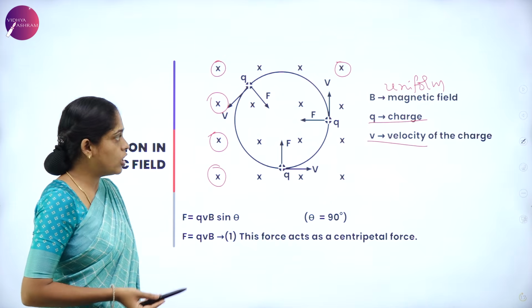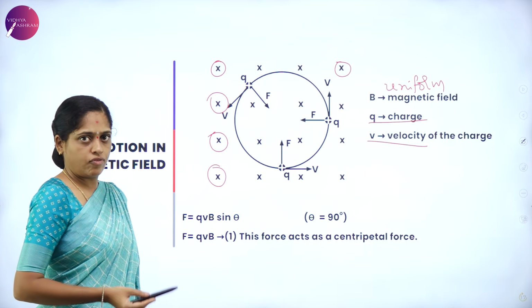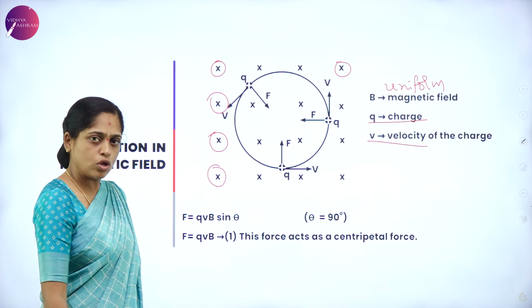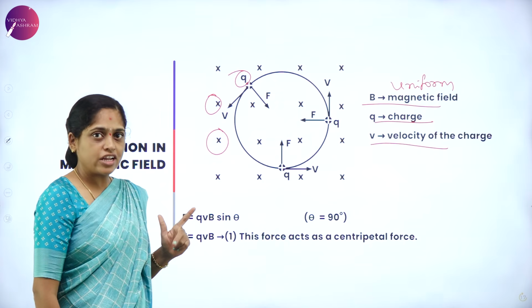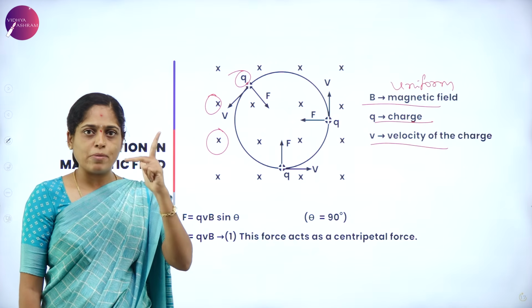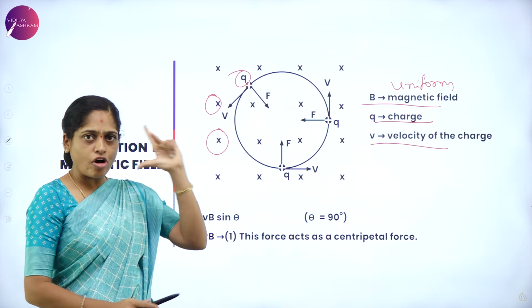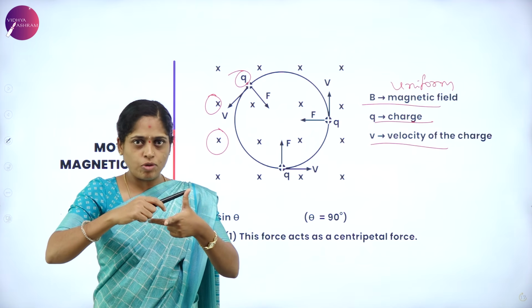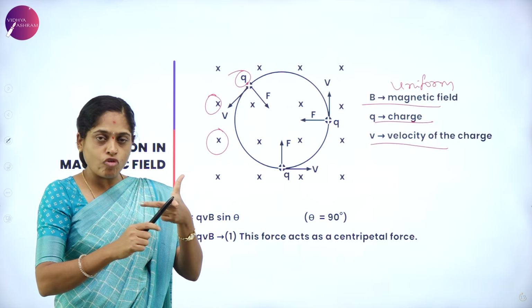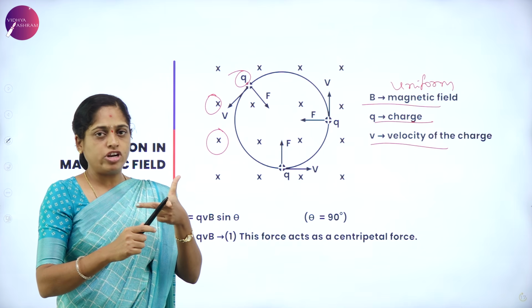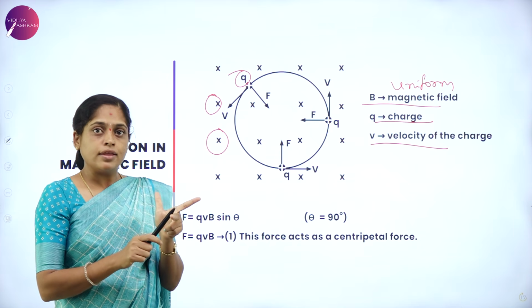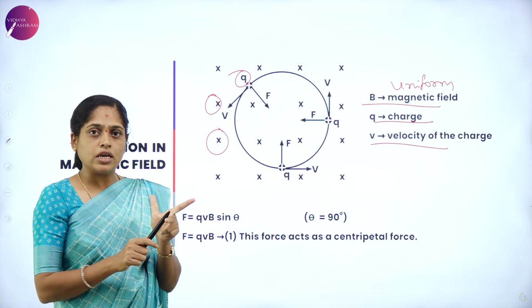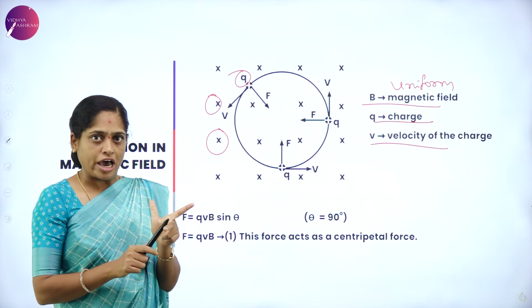To find the direction of force, you have to use Fleming's left-hand rule. According to that, the thumb represents the force acting on the moving charge, the forefinger represents the magnetic field direction, and the middle finger represents the direction of motion of the charge.